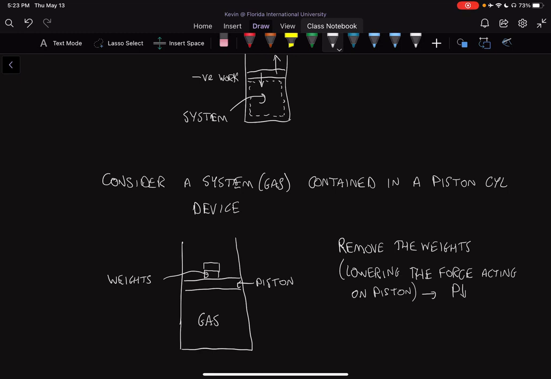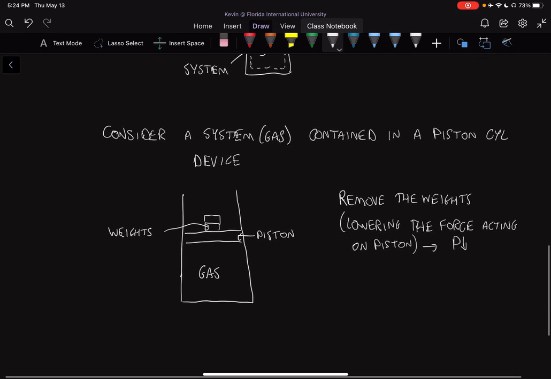So what's going to happen to our pressure? If the pressure on the system goes down, what's going to happen is our piston is going to move up to a new position. Our piston, if we take off all the weights, is going to move up to a new position. And we're going to define this change in distance as ds. Okay, so we're just going to call it, it goes up by ds.